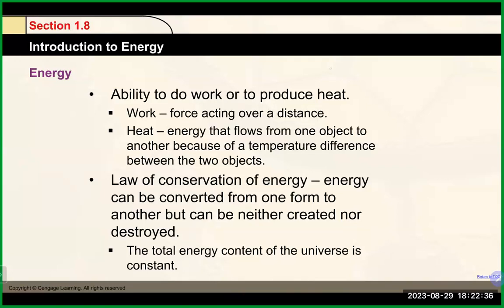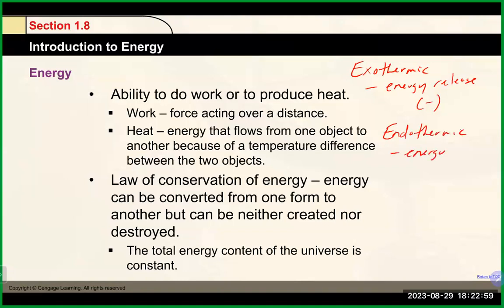We talked about really two types of situations: exothermic, that's when energy is released. And remember that essentially those are going to be negative values if you have a calculated value of energy given to you. Endothermic is when energy is absorbed, and those usually result in positive values.